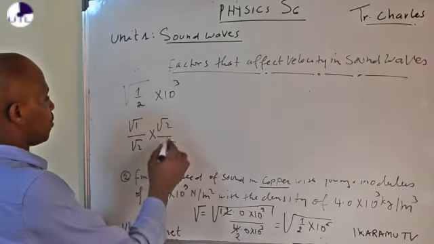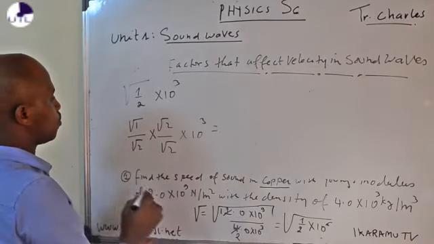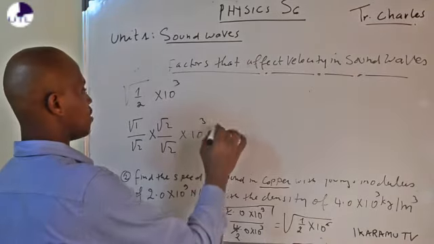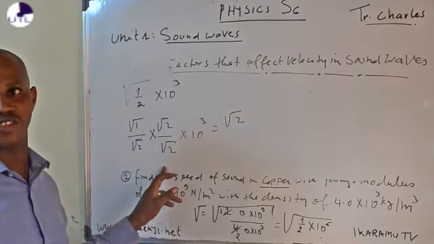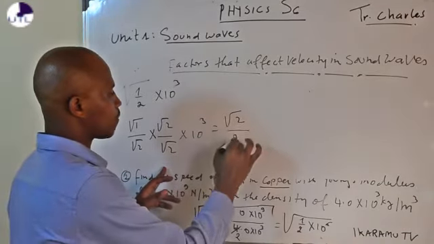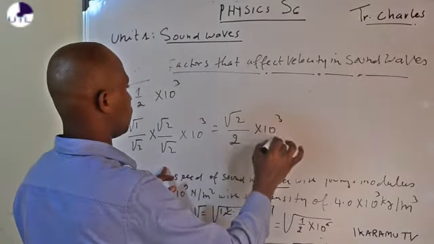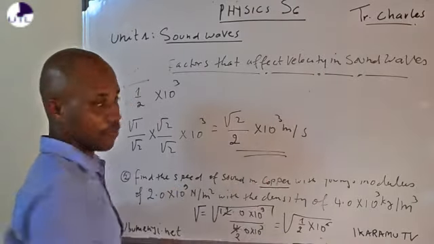Now I will have then times 10 to the power 3. This will be equal to square root of 2 over square root of 2 times square root of 2, that is square root of 2 over 2 times 10 to the power 3 meter per second. Very interesting.